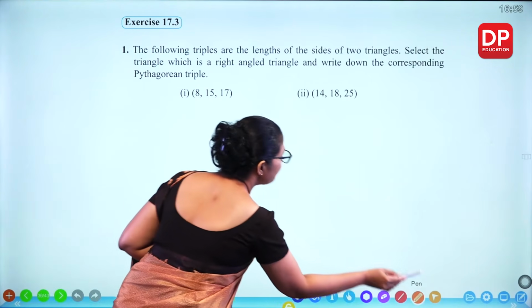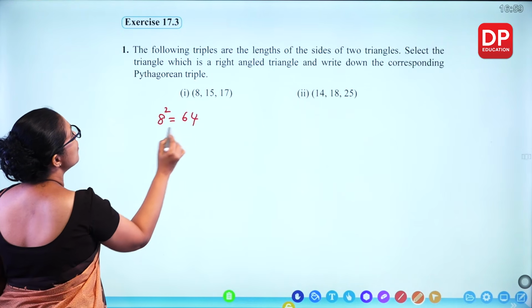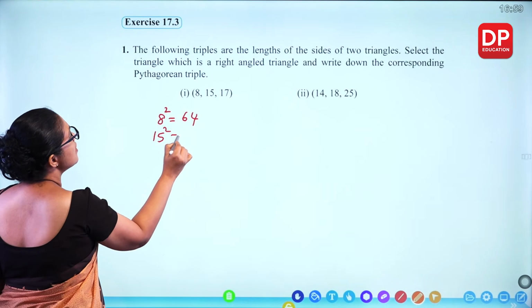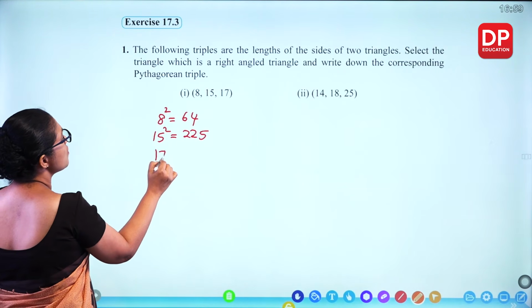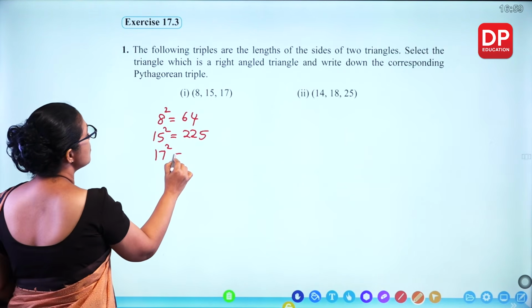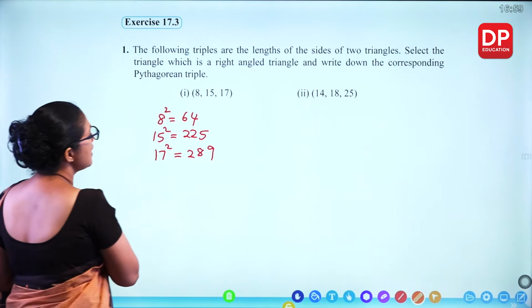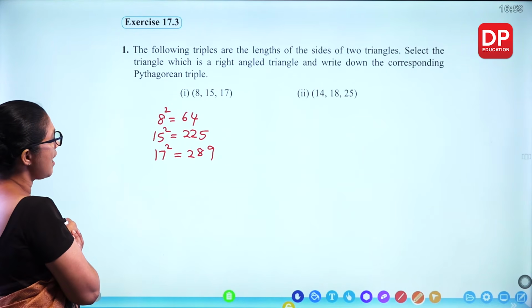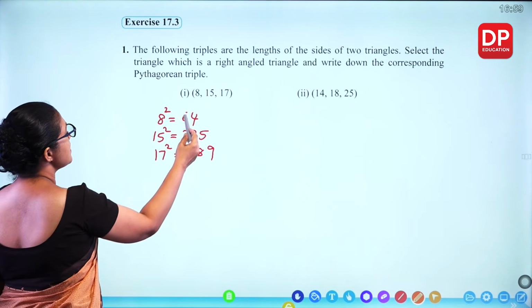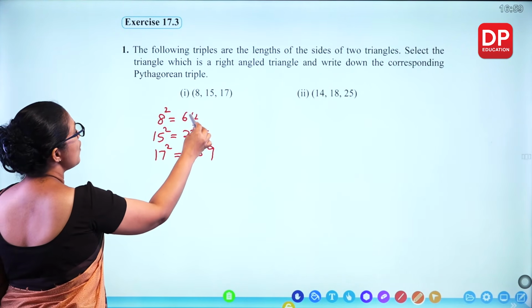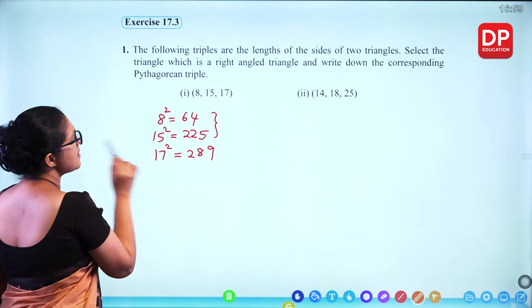8 squared, 64. 15 squared, 225. 17 squared, 289. Now add and see. Because longer side is 17.